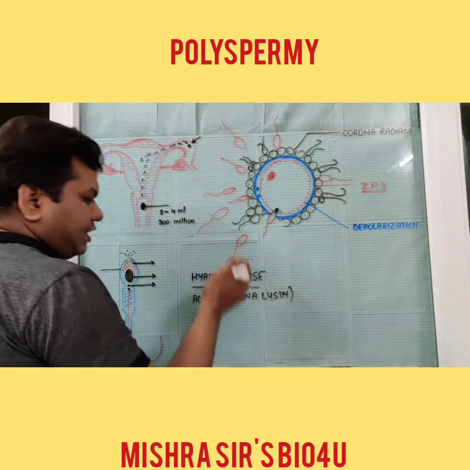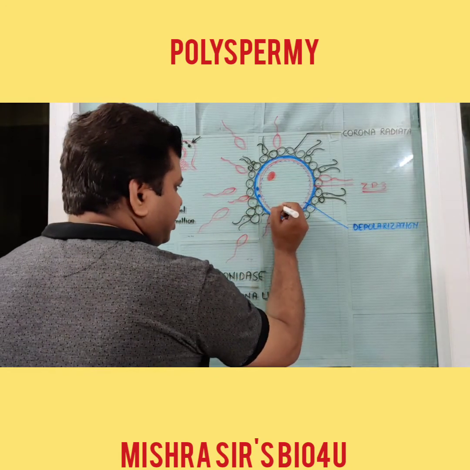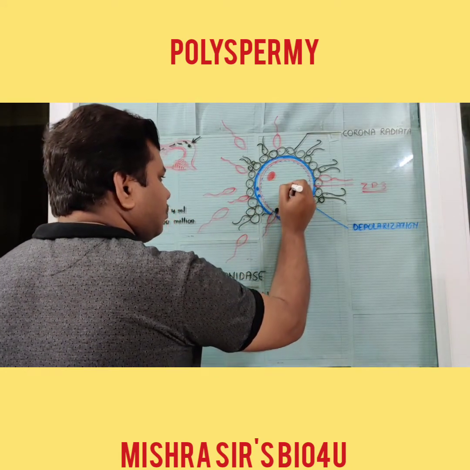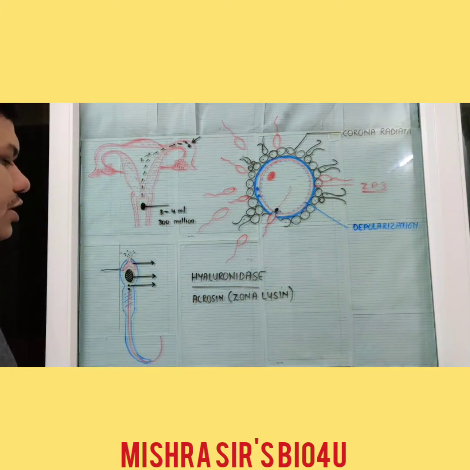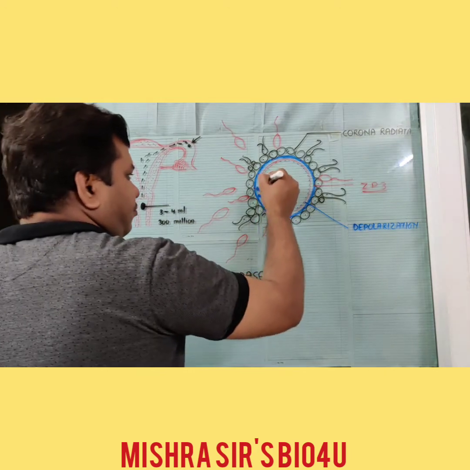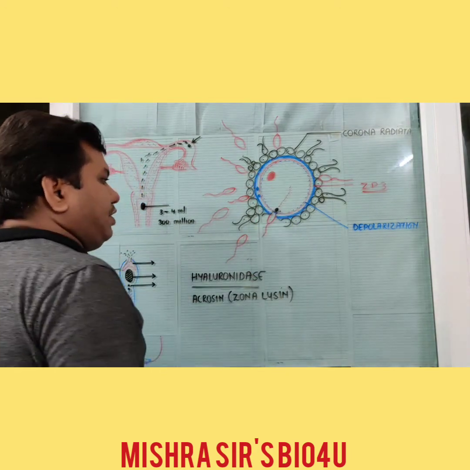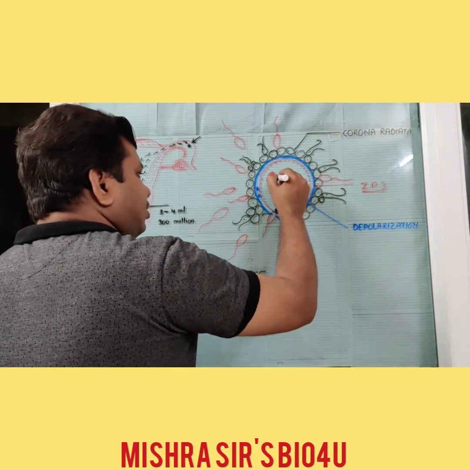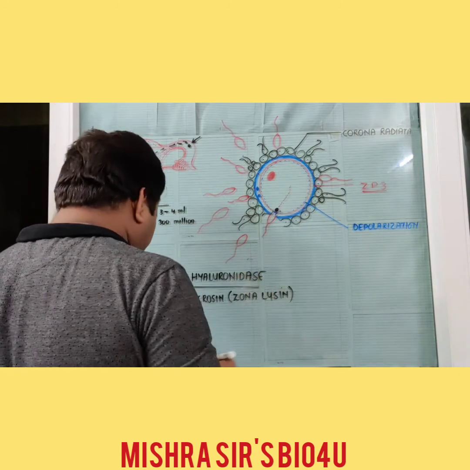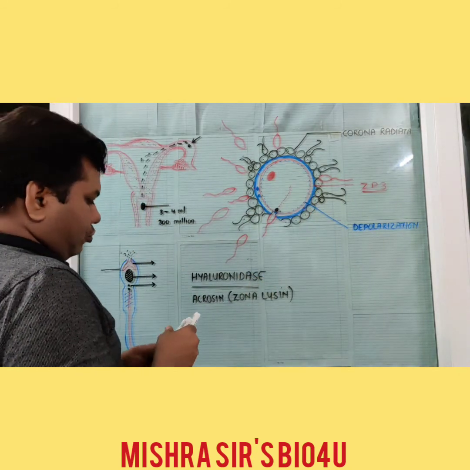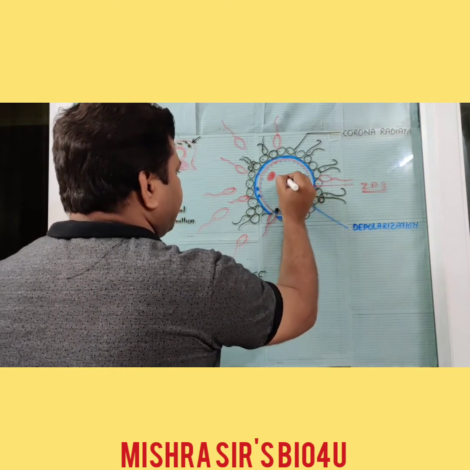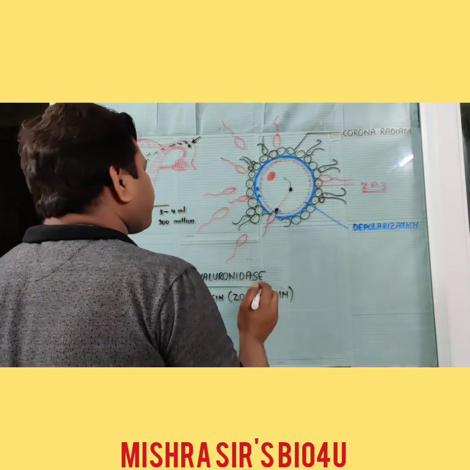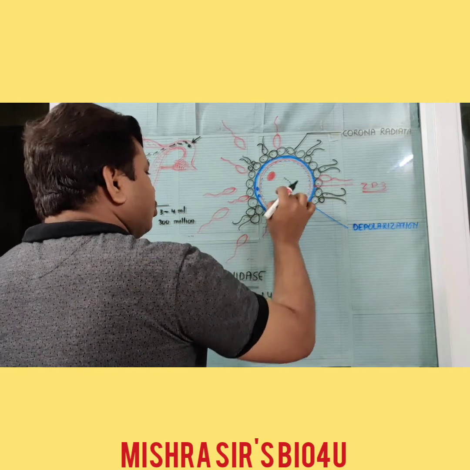Now the nucleus which had entered travels straight. During this path we refer to it as the male pronucleus. The female egg nucleus is called the female pronucleus. The nuclei attract and they fuse. So the nucleus is traveling here. Now they are attracted. See, it is bending. And finally both fuse.